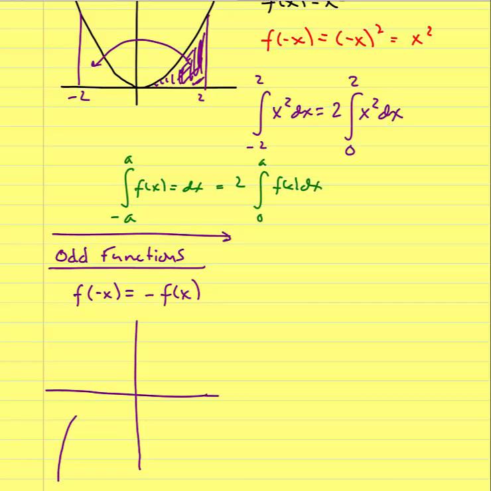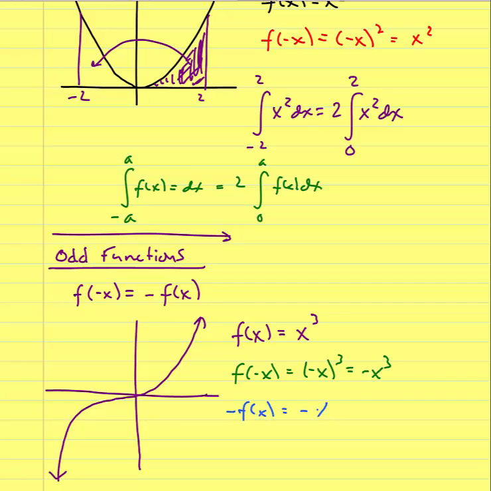This is the function f of x equals x cubed. Now let's look at f of negative x. This would be negative x quantity cubed. Negative to the third power is negative. Negative f of x would be the negative of our x cubed, and you can see that these are equal, so that tells me that this is an odd function.